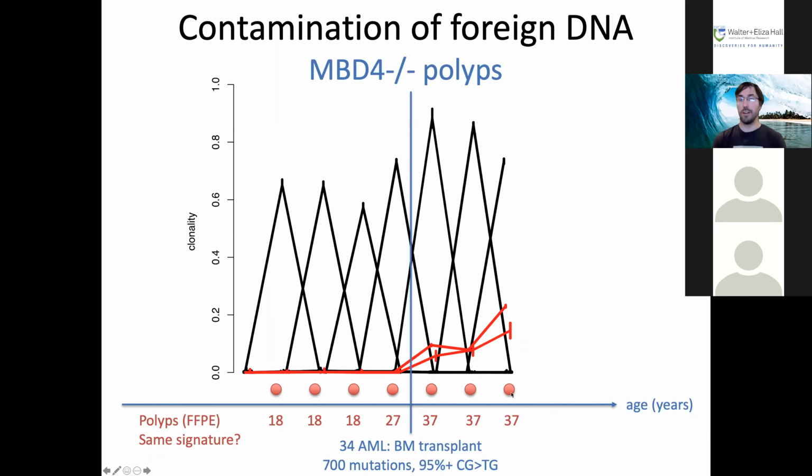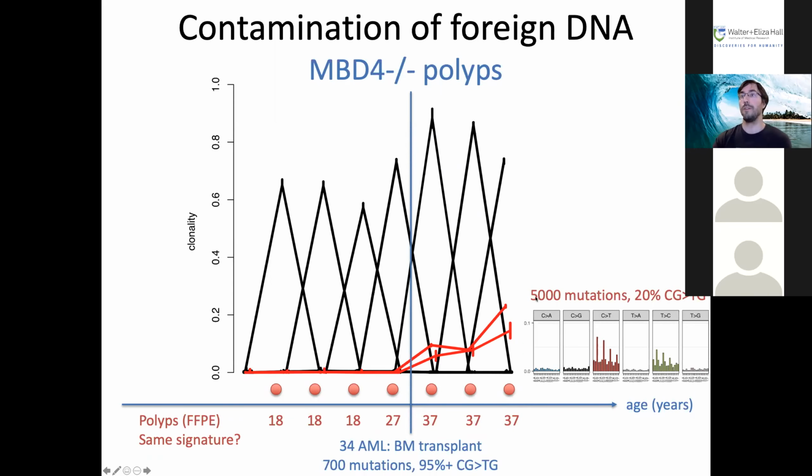Looking at the mutational signatures of these 2, we find there are a lot of mutations behaving like this. It's a low CG to TG rate. And maybe you remember that this signature here is very similar to the germline signature that we saw earlier. So actually, all of these variants present in 3 different polyps in different locations are from the bone marrow transplant.